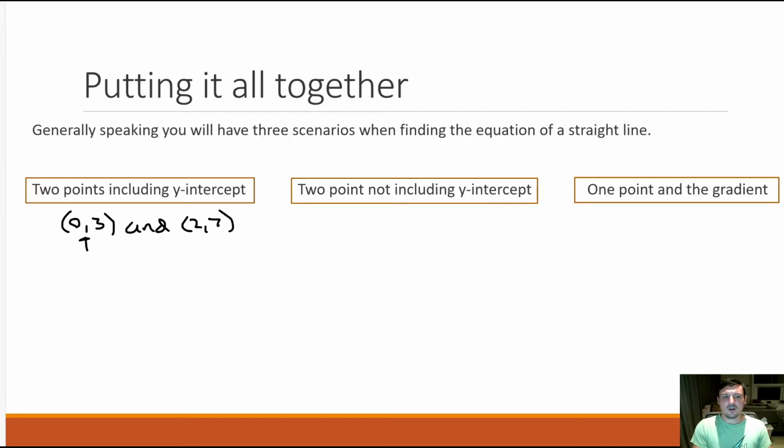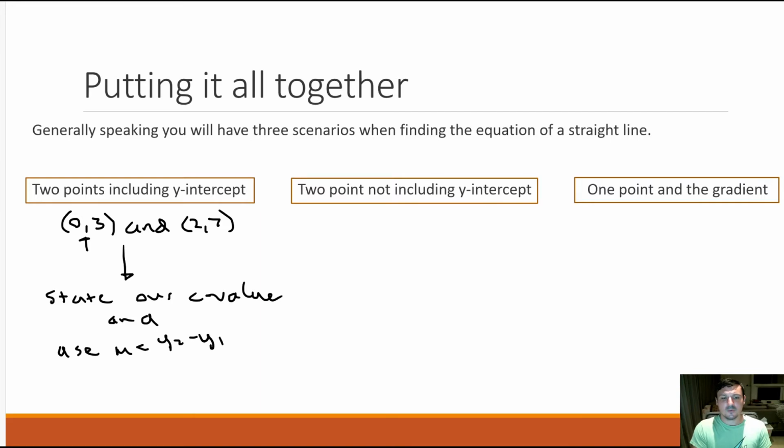In this case, we have a y-intercept, so we will state our C value and use m equals y2 minus y1 over x2 minus x1 to find our m value, and then sub our values into y equals mx plus c.